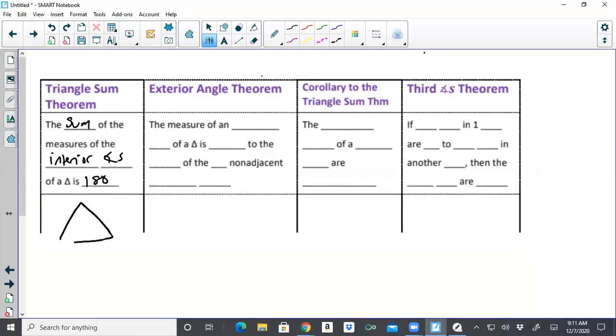So if I label these as angle 1, angle 2, and angle 3, I would say angle 1 plus angle 2 plus angle 3 equals 180.